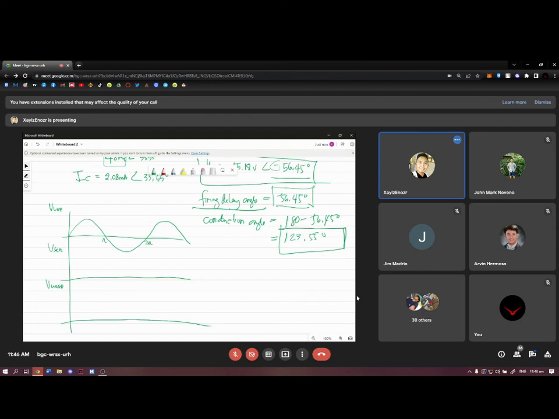So, alam na natin, 3.14 yung pi. Ilan to? 56.45 convert nyo sa radians, para malaman natin kung hanggang saan natin i-graph yung delay niya. Ilang radians yan?